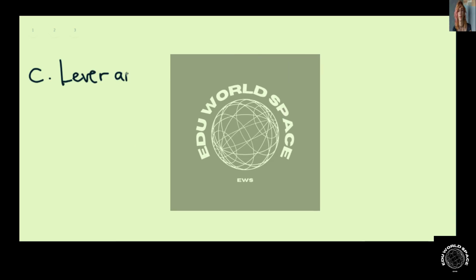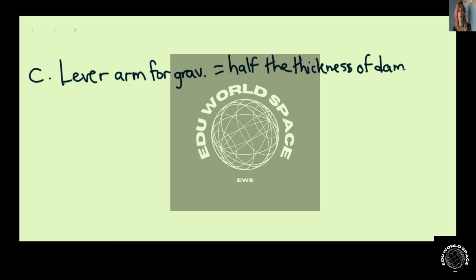And so we can say mg multiplied by t over 2 has to be greater than or equal to 1/6 times rho g b h cubed.